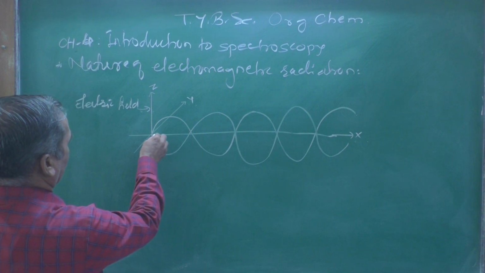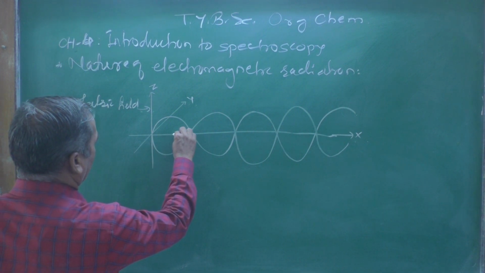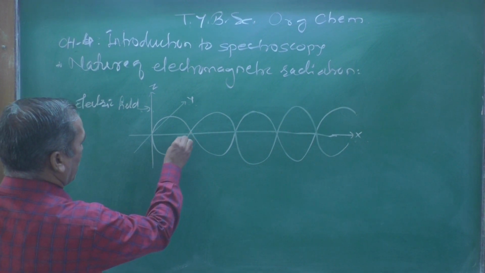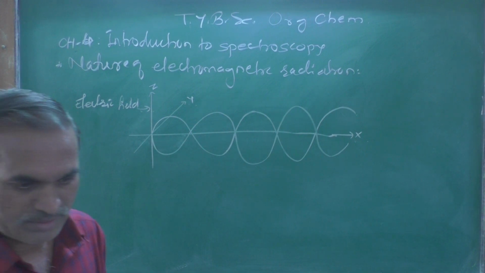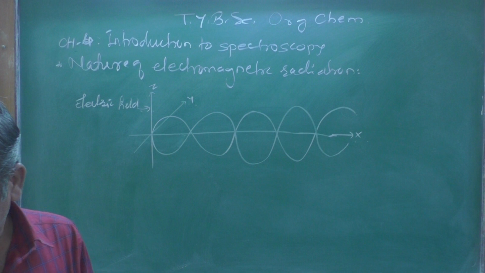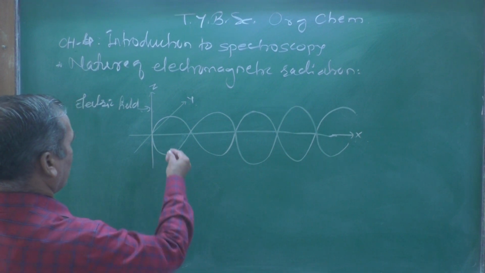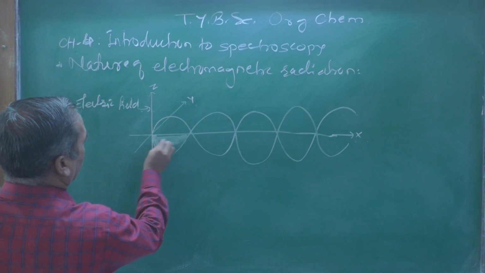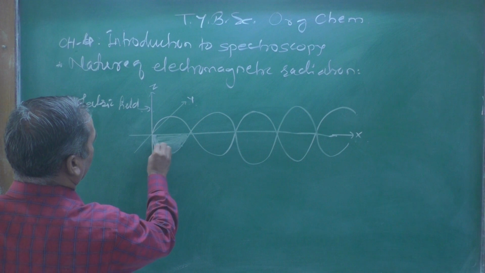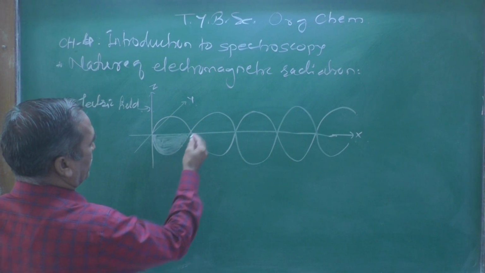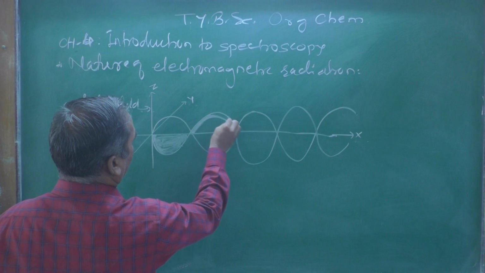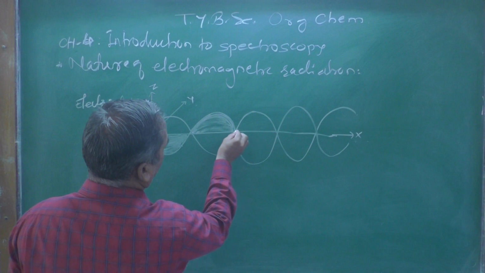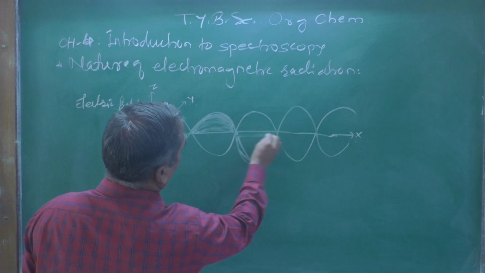Suppose let us see here, this is the magnetic field I am showing by darkening it. You can remember this is nothing but the magnetic field. This is the magnetic field I am showing over here.